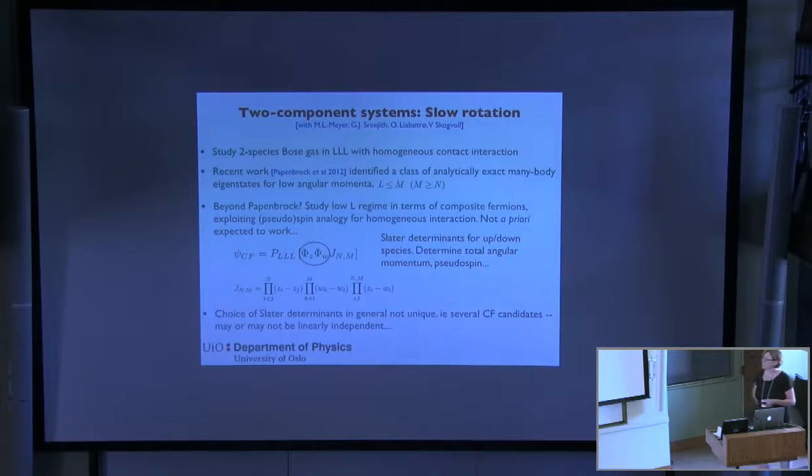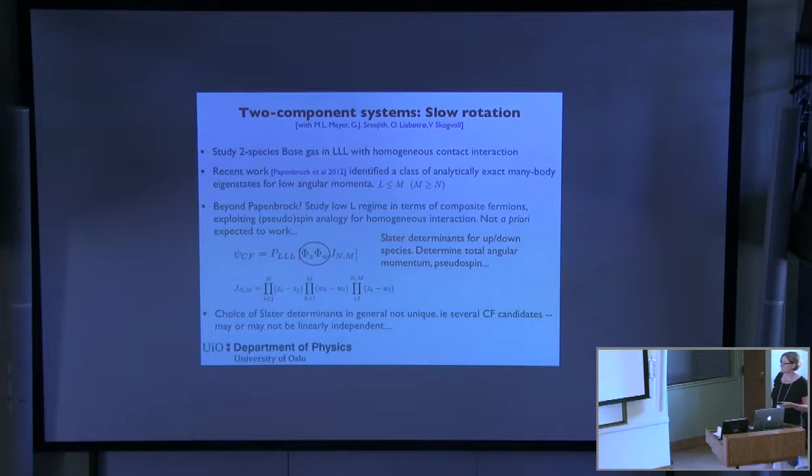And when we did this, we stumbled across another kind of puzzling thing. When you write down these Slater determinants, you have certain guidelines. You want to fix your total angular momentum, your pseudospin, etc. It turns out this does not, in general, uniquely determine what the form of these Slater determinants should be before projection.